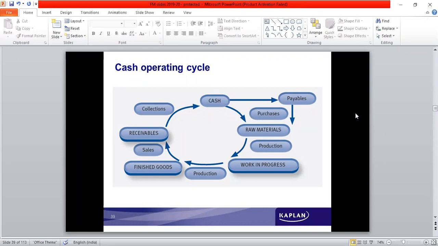In such a situation, it is not possible for them to get back their cash within 1 year. The investment made into material will not convert back into cash in less than 1 year. Therefore, we take the period as 1 year or operating cycle, whichever is longer. So current assets are those assets which can be converted into cash in a period of 1 year or operating cycle, whichever is longer.